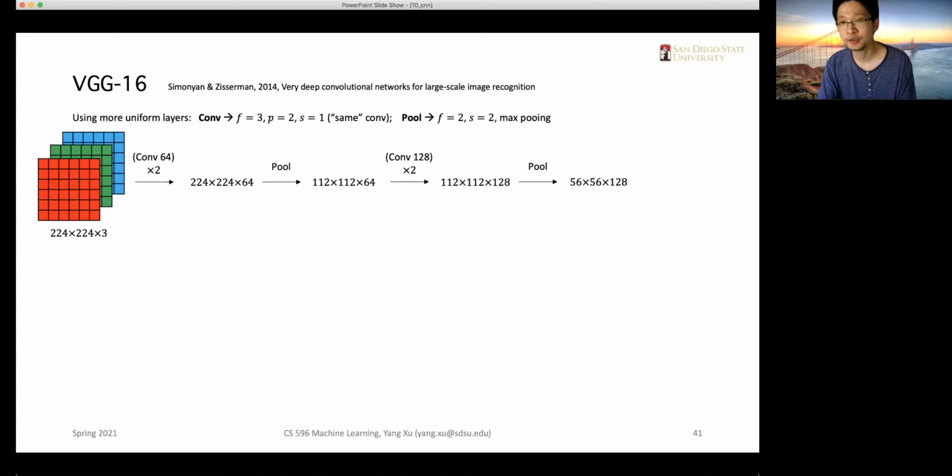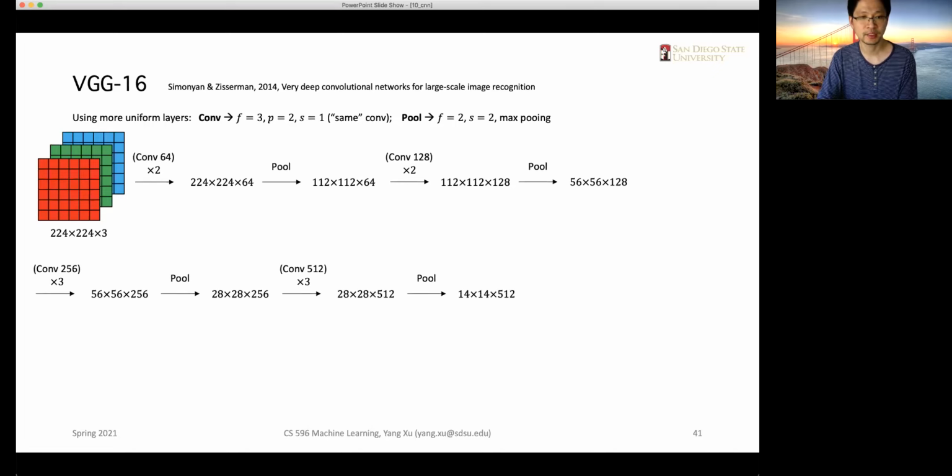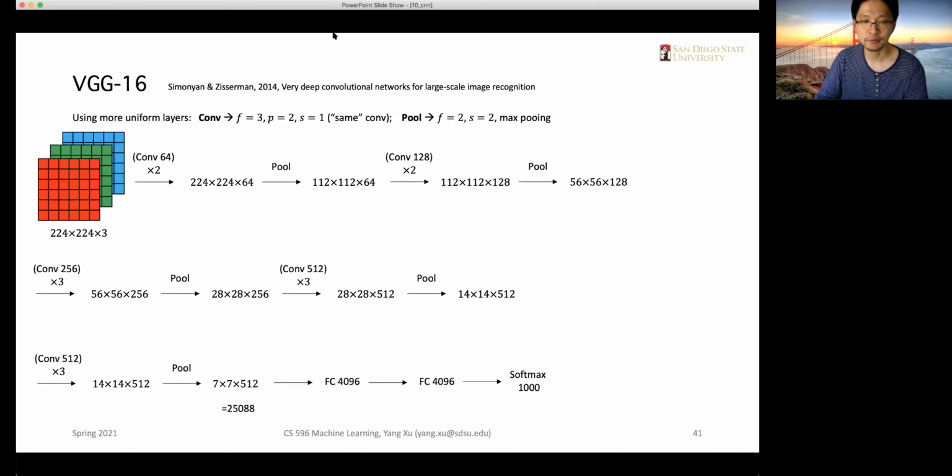It's a very uniform setup: 64 convolutional filters followed by a pool, then 128 filters followed by a pool, and they repeat this multiple times until they reach the part with 25,000 units.